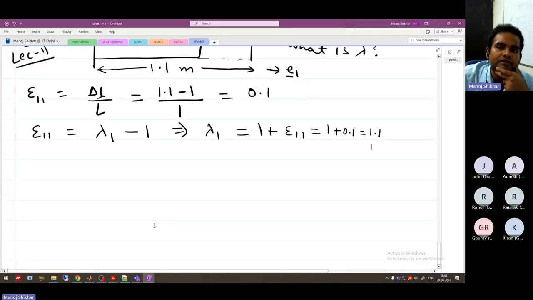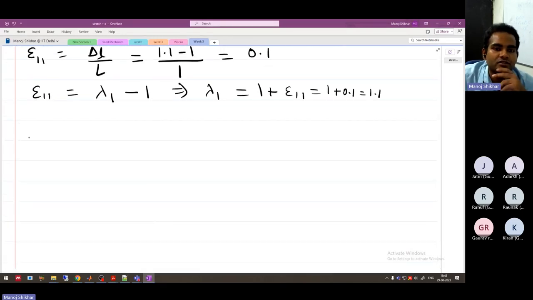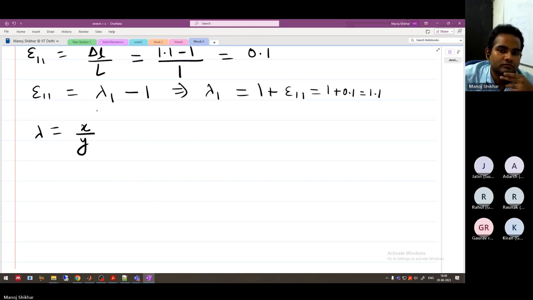The other method can be you can use the basic definition of stretch. The definition of stretch was what? Final by initial.